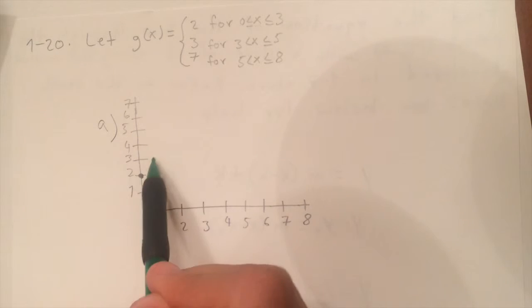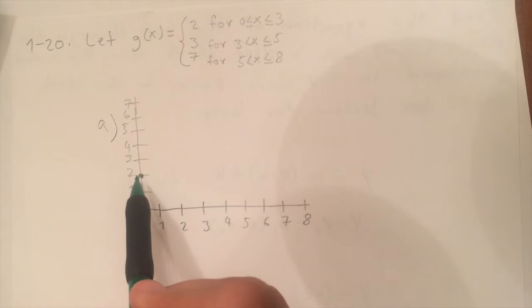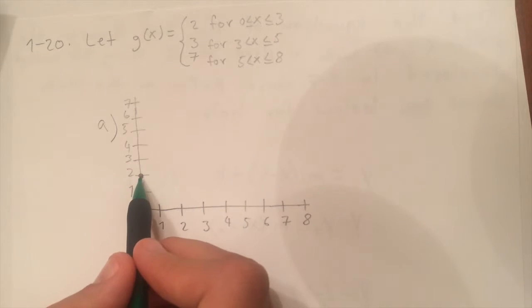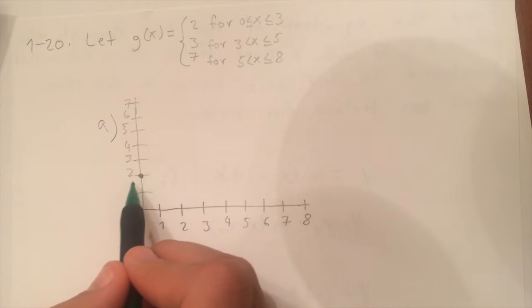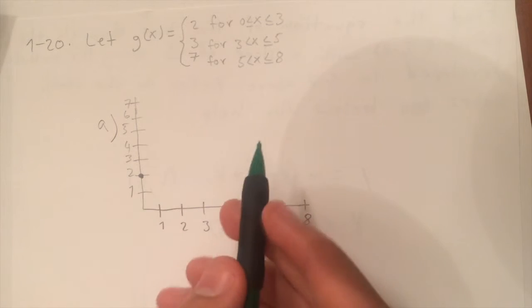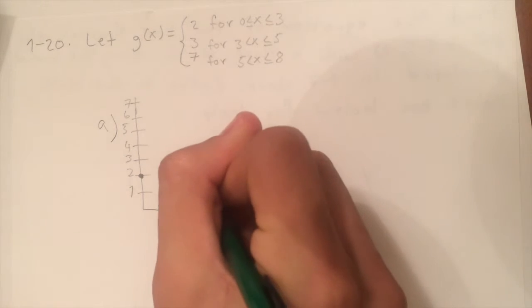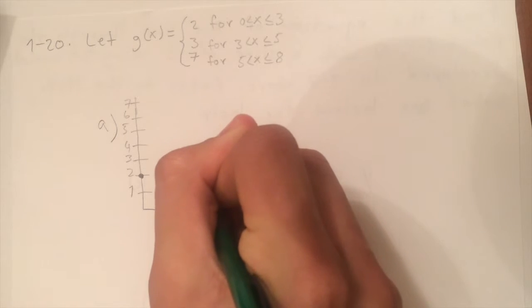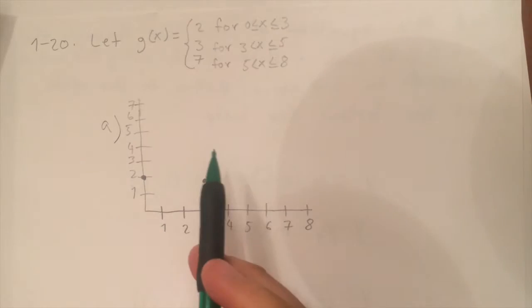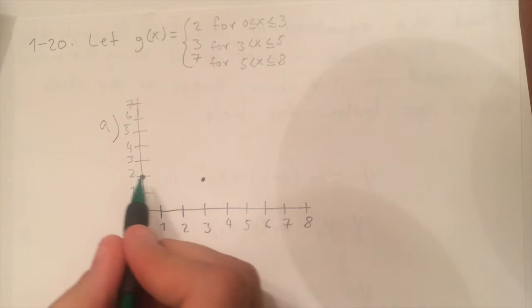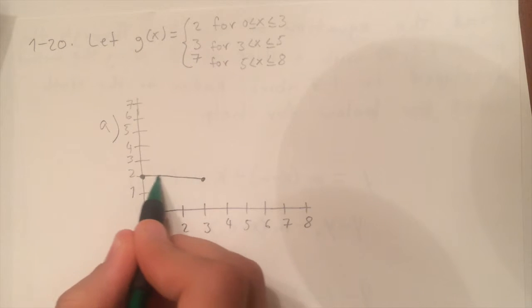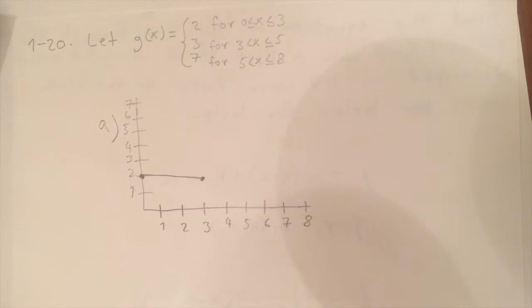So you make a closed circle at 0, meaning that the 0 is included, and a closed circle at 3 comma 2, because the y value is still 2 since it's a line, and then you simply connect the dots to make your line.